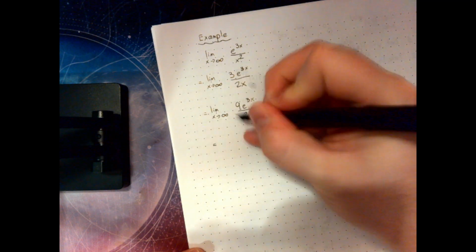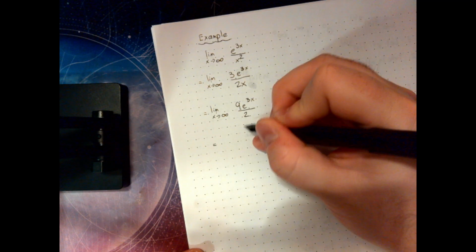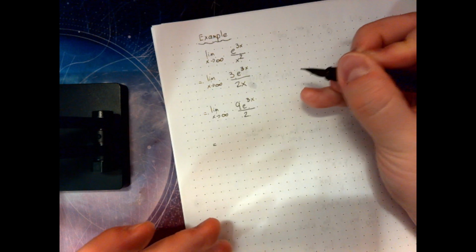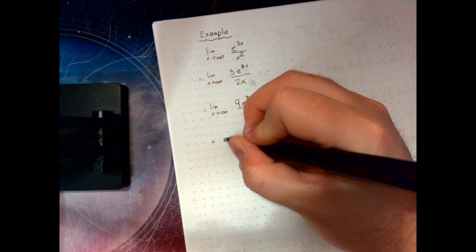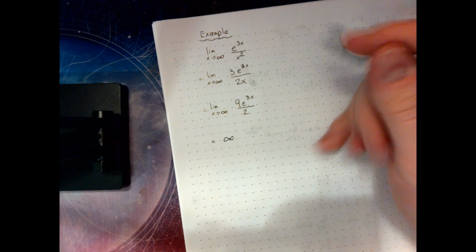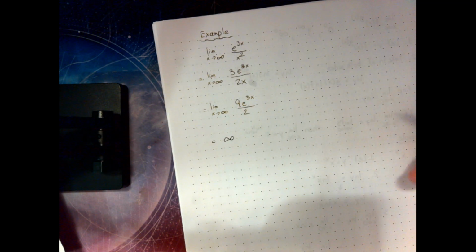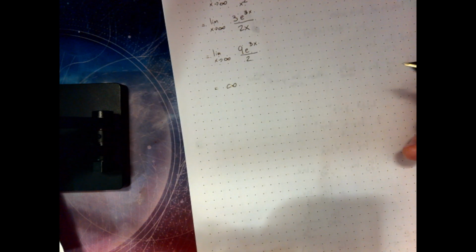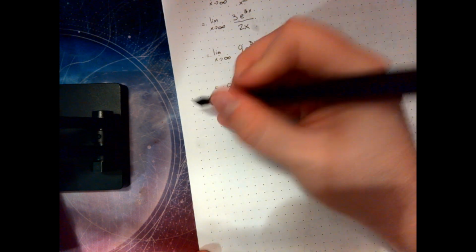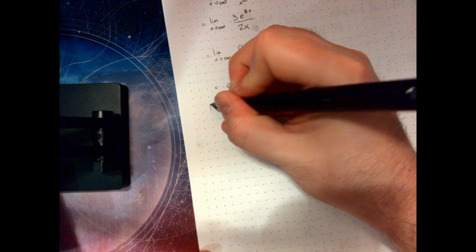And because I just plug in infinity, I have infinity divided by 2, but the division by 2 doesn't change anything, so my answer is just infinity. Right? So a really nice, straightforward example of how you can apply L'Hopital's rule more than once to solve your limit. Okay? So let's do another example.